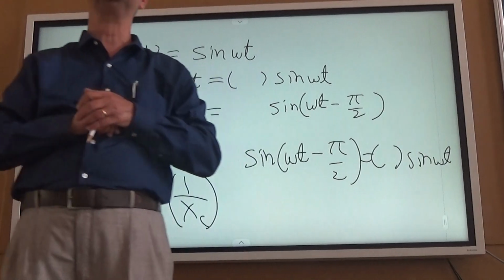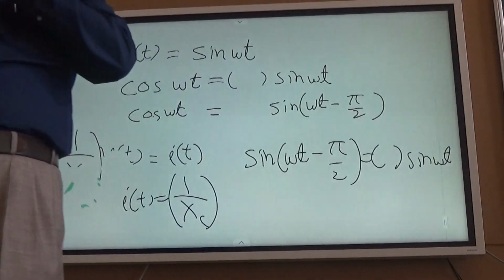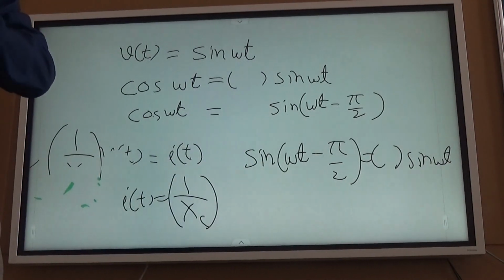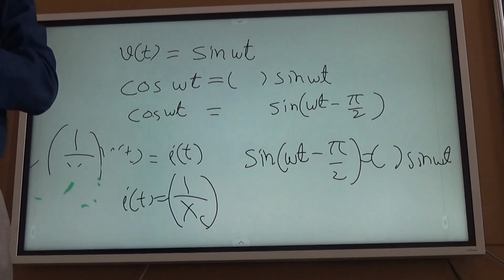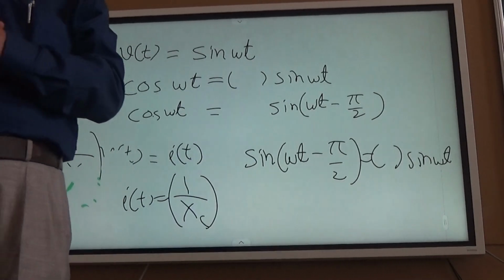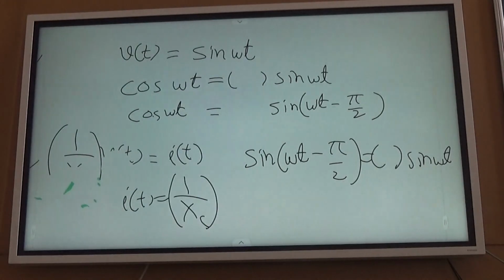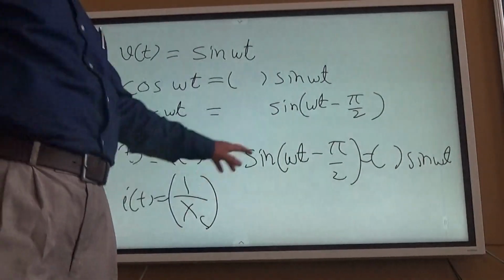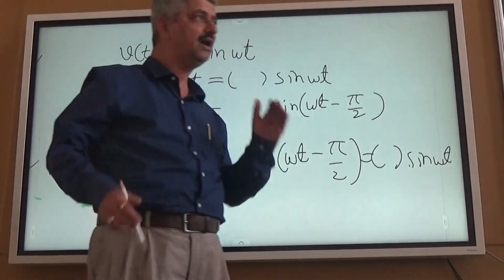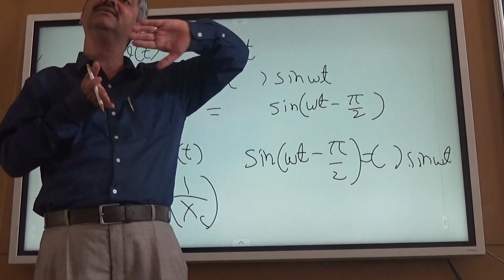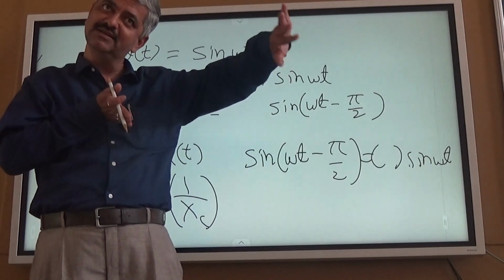Therefore, if I multiply a sine wave by a real number, I get a scaled sine wave. And here what I am doing? Here I am not multiplying, but these two sine waves have the same amplitude but different phase.